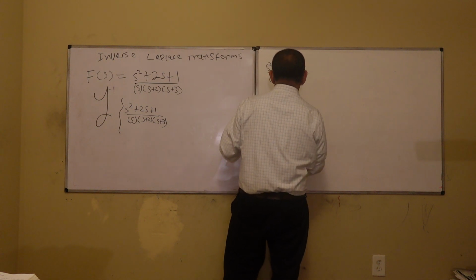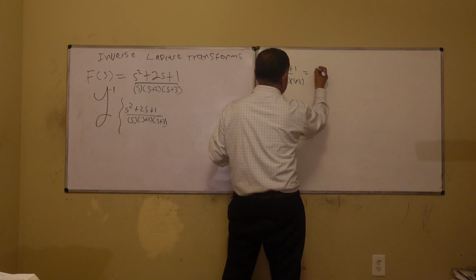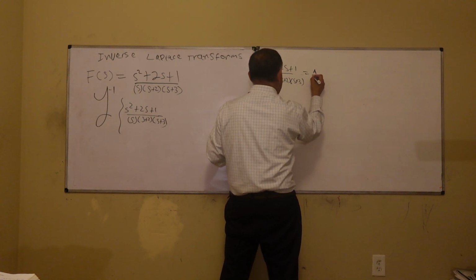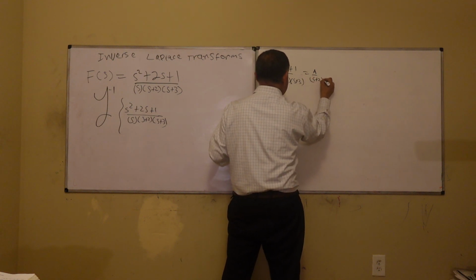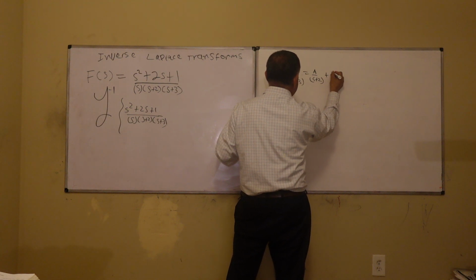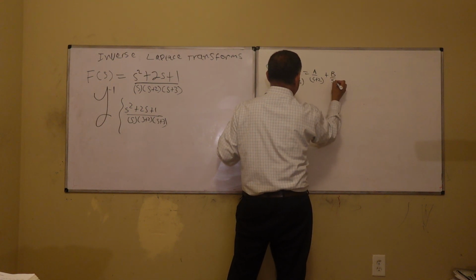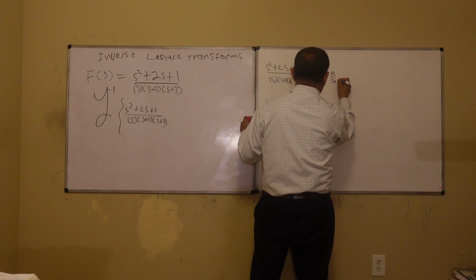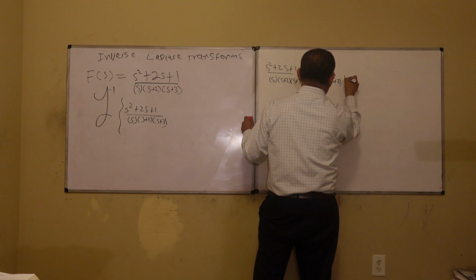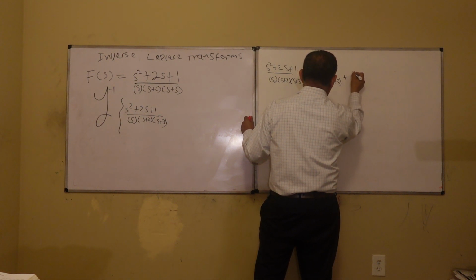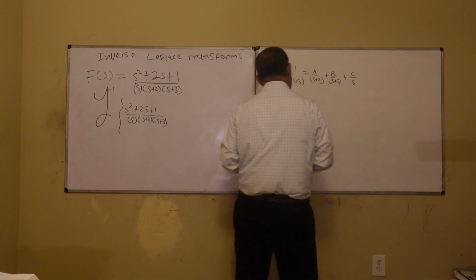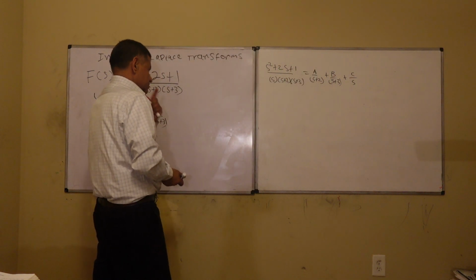And then equal to what? Equal to A over s, plus B over s plus 2, plus C over s plus 3, right?